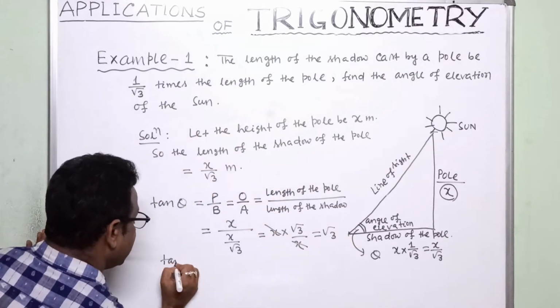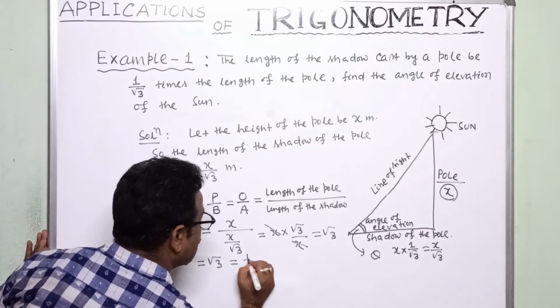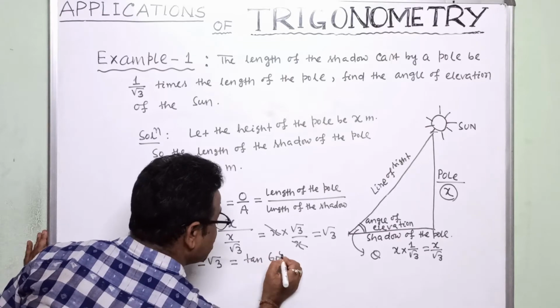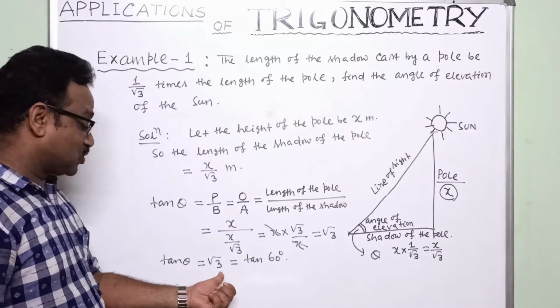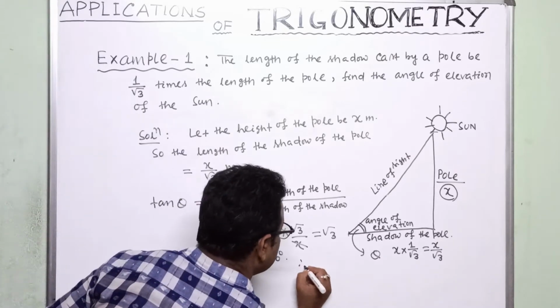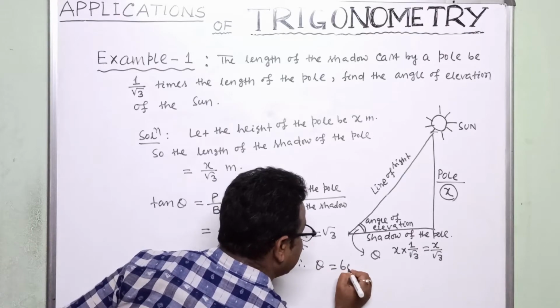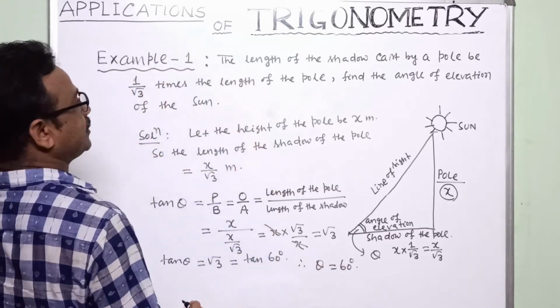Now tan theta is equal to root 3, which is equal to tan 60 degree. You know the special angle. Therefore, cancelling tan on both sides, theta is equal to 60 degree. So what is asked?